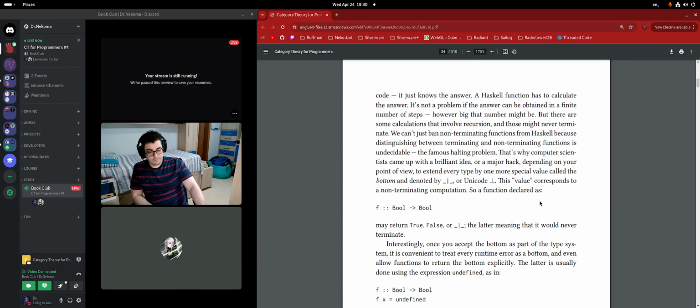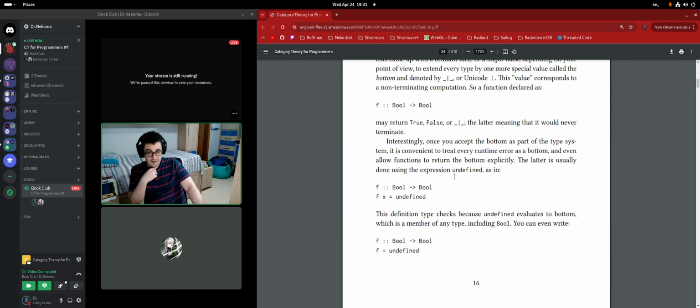Then you're going to have bottom, right? You can think of bottom in many ways: non-termination, error, exception, something didn't work as expected, bottom. Haskell doesn't have bottom though. It does have undefined, right?